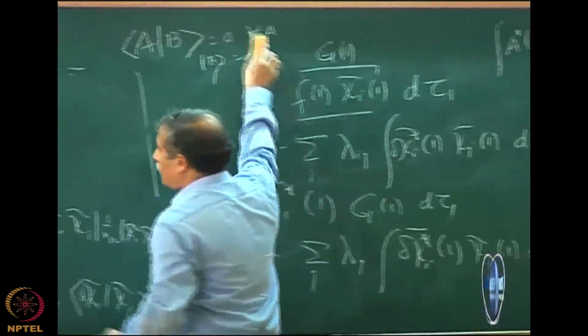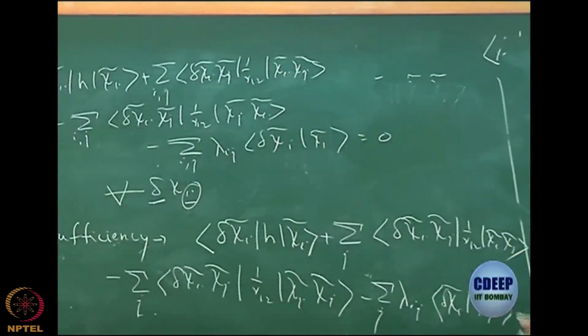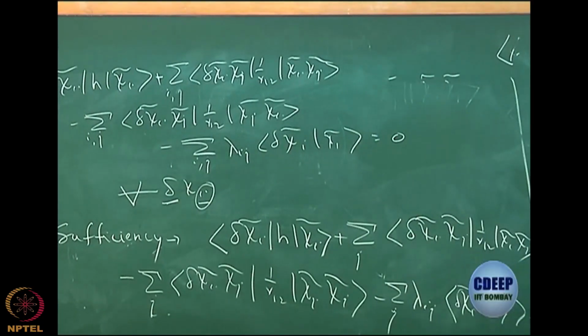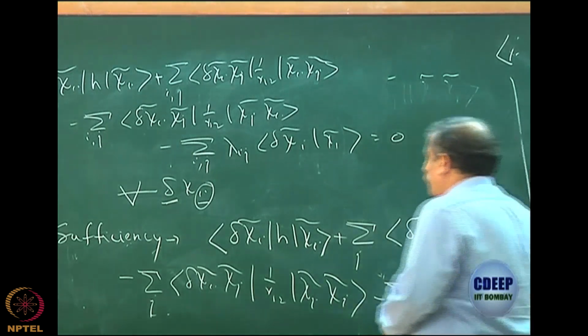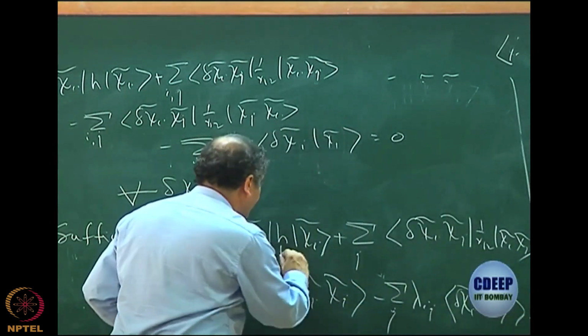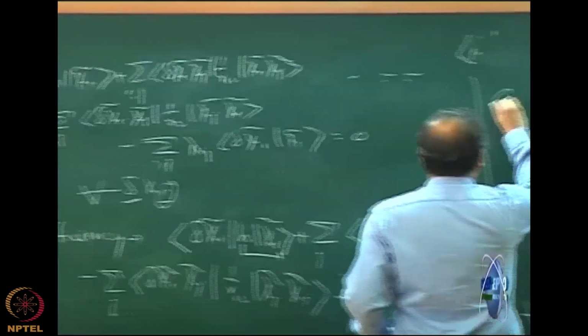I want to keep this, so I am not erasing this part of the board. So I am going to erase this part of the board. And then what I will do is to see that the first part of G of 1 is just this. Okay, so I can write down the G of 1 now.